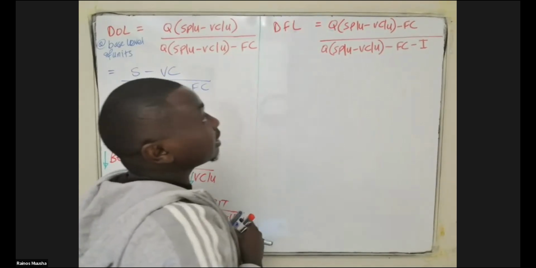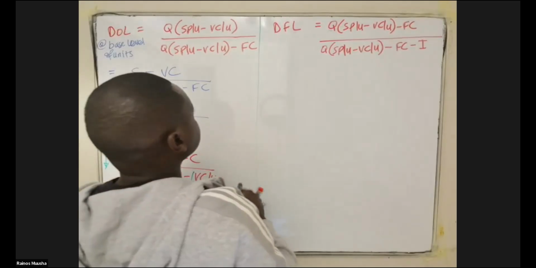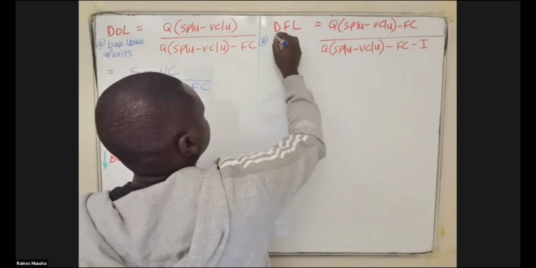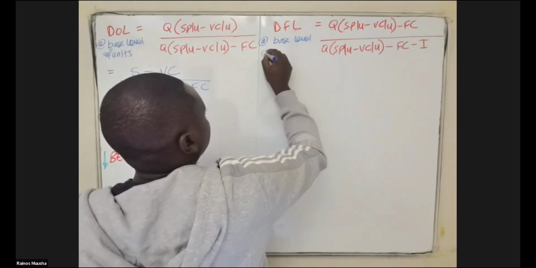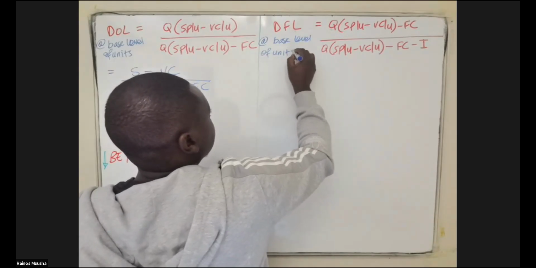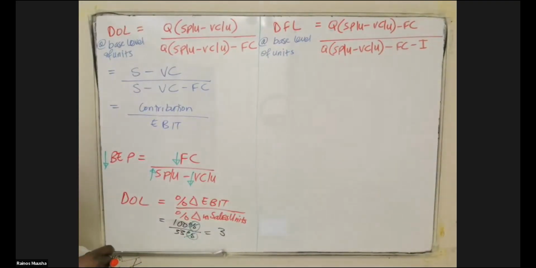And this will give us the degree of financial leverage at base level of units. So your degree of financial leverage at base level of units can be given by this.